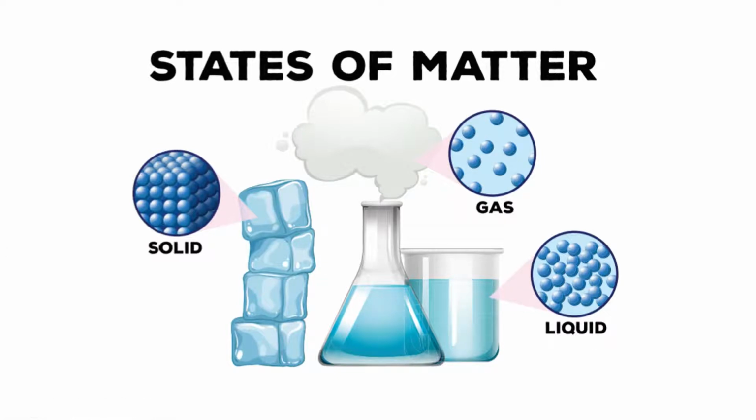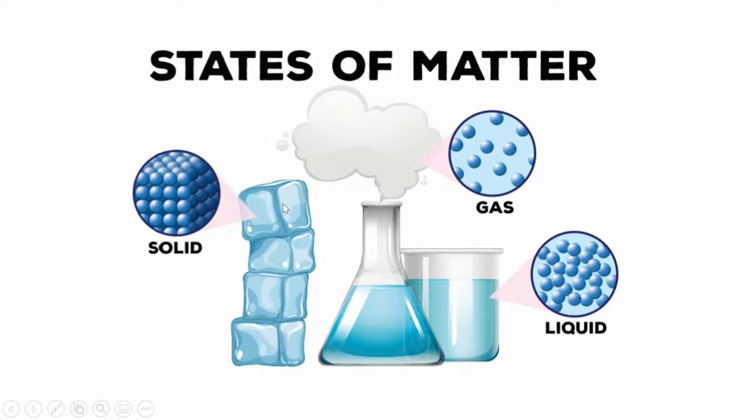Look at the picture titled States of Matter. This is one of the pages that I posted on the website, and it's optional for you to print off if you want to. So what do you notice about the shapes of each of the states of matter? The solid has a definite size, shape, and volume right here.